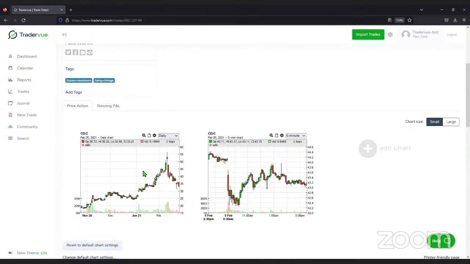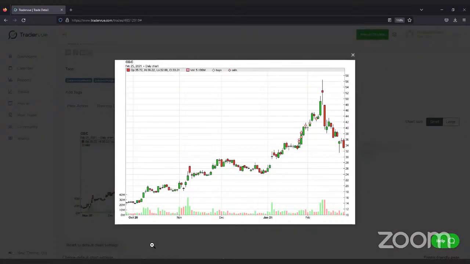Let's scroll down. Then we can see the price action chart. If we click here, we can then see the daily chart. This is a daily chart of the trade execution for this specific trade.